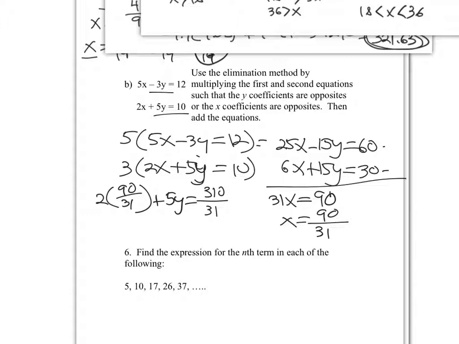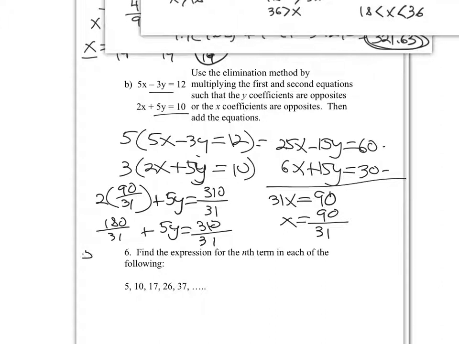So here's what we have now. 180 over 31 plus 5y is equal to 310 over 31. Well, when we're adding 180 over 31 plus something to get 310 over 31, we know that 5y therefore has to equal 130 over 31, because we need to add 130 to 180 to get 310.